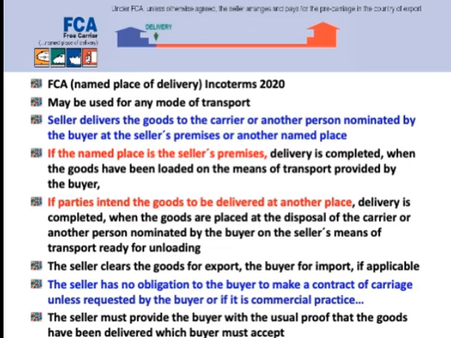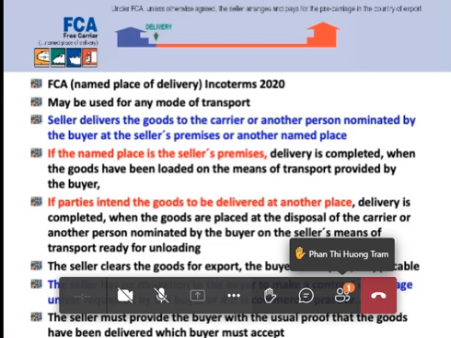We have a description of each rule, right? I think with EXW, the buyer provides the evidence of having taken delivery.